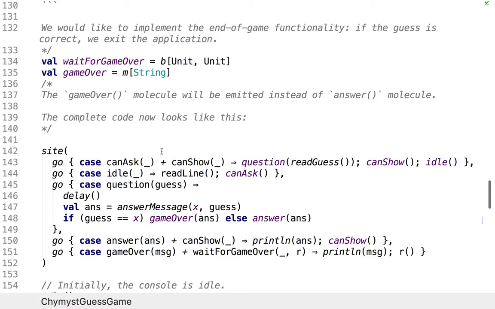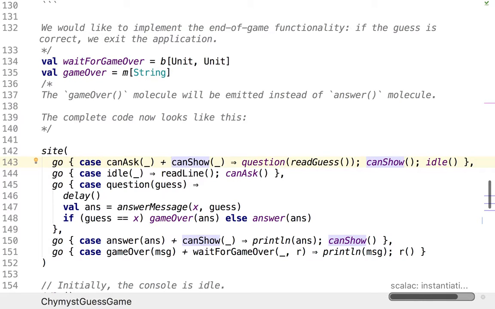This is a short addendum to my previous video about implementing a game of guess a number with the chemical machine. This was the final code that we ended up with in the previous tutorial, and it works, and I can run it.